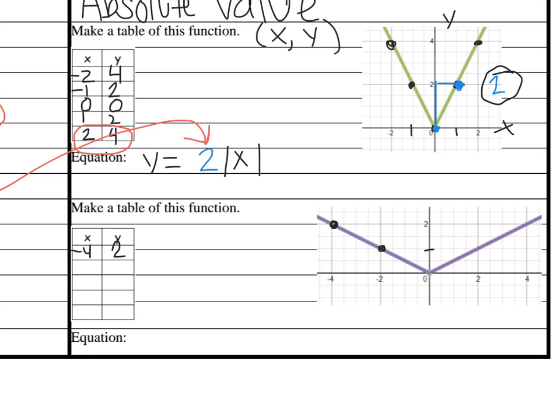So -2, 1. And then 0, 0. Again, we're just looking for nice points of intersection. Over 2, up 1. Over 4, up 2.